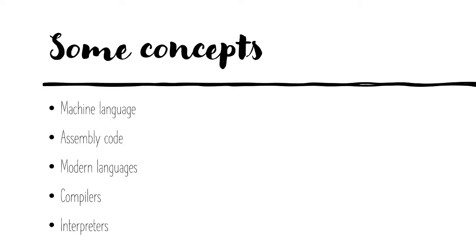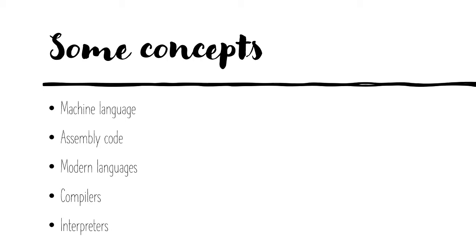So let's go to some concepts as part of the introduction to basics of coding. What we already discussed in the previous slide was giving instructions to the computer, and that the computer understands instructions in the form of a pattern of zeros and ones, right?